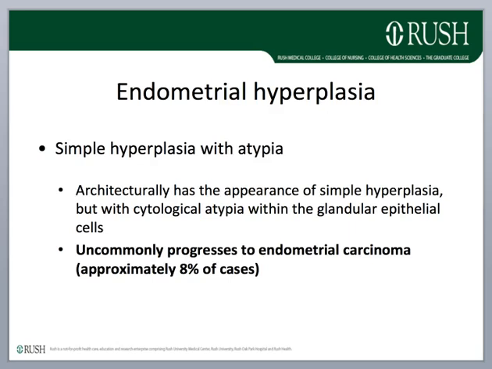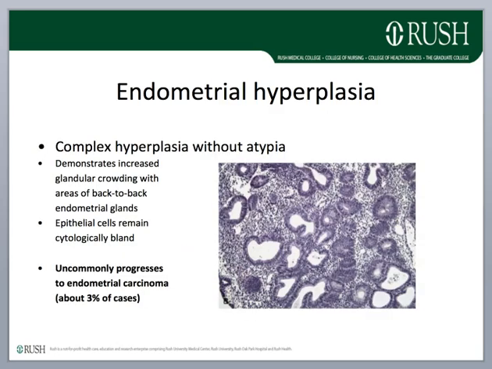Simple hyperplasia with atypia is a very uncommon pattern, but the presence of cytologic atypia confers an increased risk of progression to endometrial carcinoma, approximately 8% of cases. Complex endometrial hyperplasia without atypia shows a similar risk of progression to endometrial cancer, as with simple hyperplasia, with or without atypia.